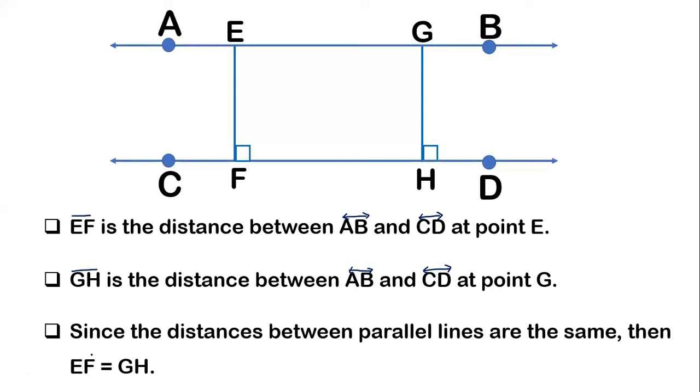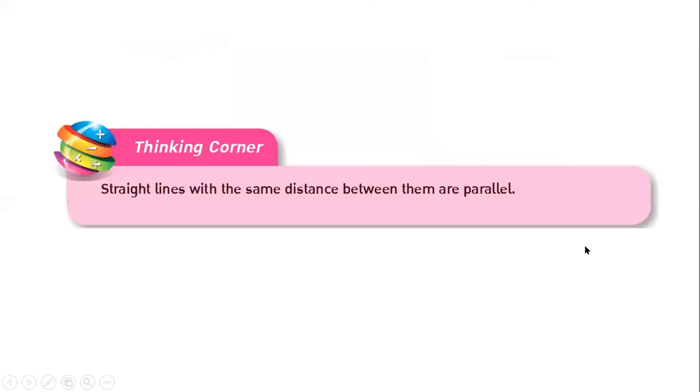So also, when we say that line AB is parallel to line CD, then it means that the distance between these two lines is equal. And if the distance is equal, it means that EF is equal to GH. I hope that is clear also.